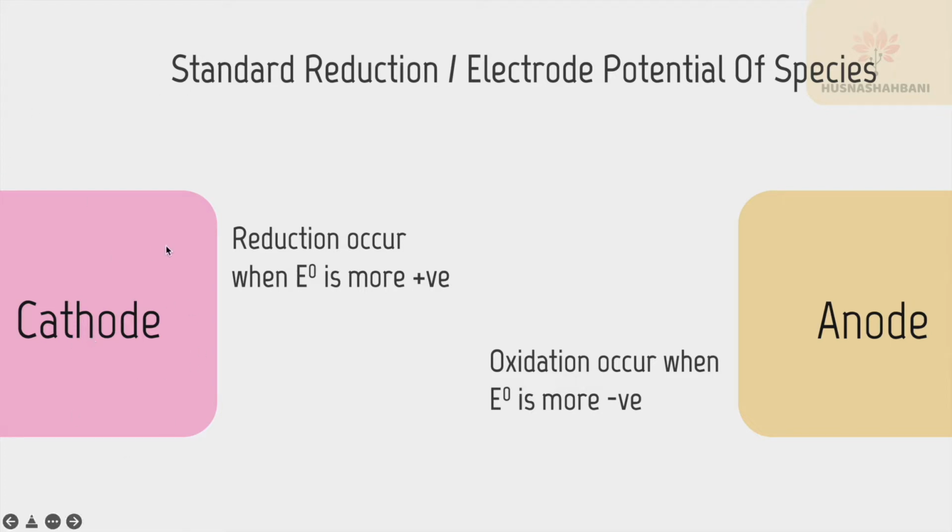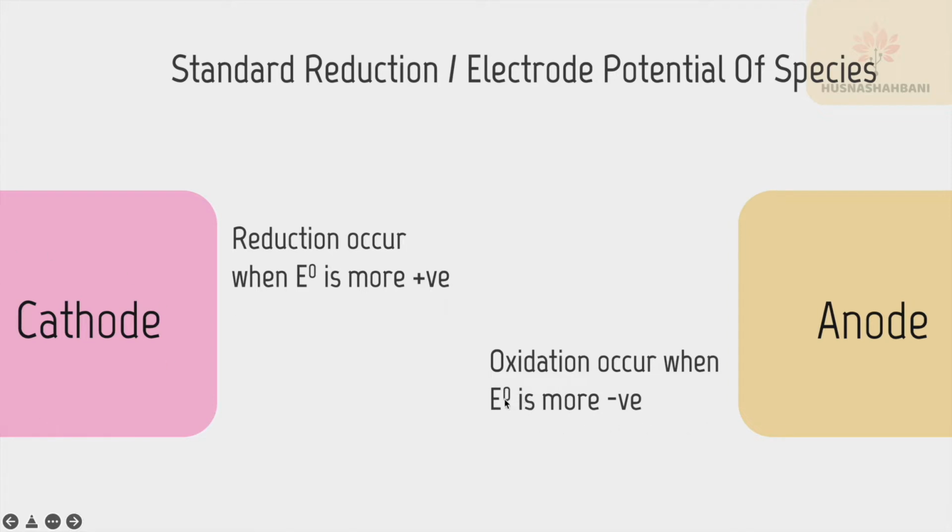Standard reduction or electrode potential of species. At the cathode, reduction occurs when E0 is more positive. So for E0 more positive, refer to the standard reduction potential table. If the E0 value is more positive, reduction will occur at the cathode.